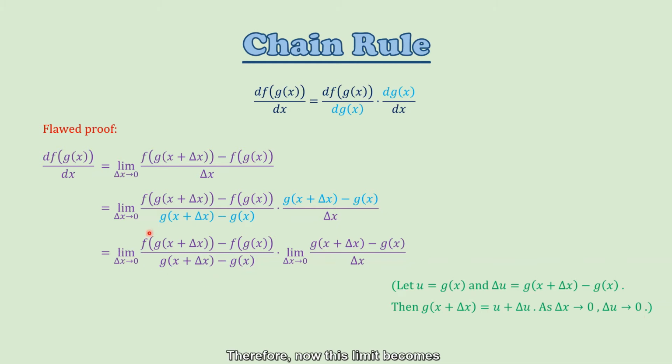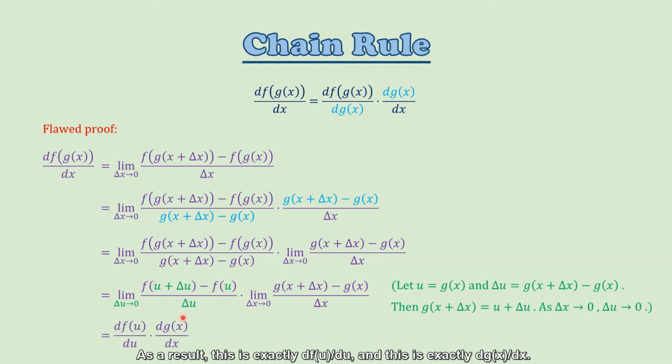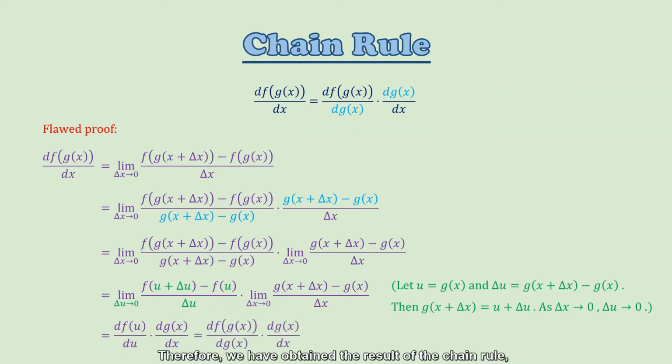Therefore, now this limit becomes the limit of (f(u+Δu) minus f(u)) over Δu as Δu approaches 0. As a result, this is exactly df/du, and this is exactly dg/dx. Therefore, we have obtained the result of the chain rule, which is df/dg times dg/dx.